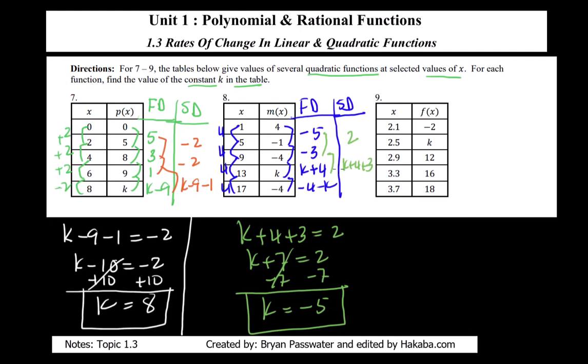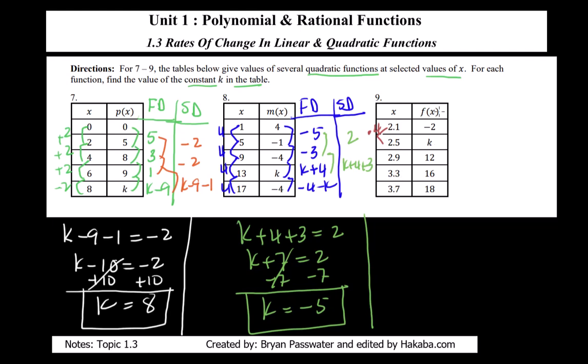And you can put the k value here. Negative 5 plus 4 and negative 4 minus negative 5. So now we know the difference of x from 2.1 to 2.5 is 0.4. And then we know all are 0.4, because from 2.5 to 2.9 is 0.4, 2.9 to 3.3 is 0.4, 3.3 to 3.7 is 0.4.